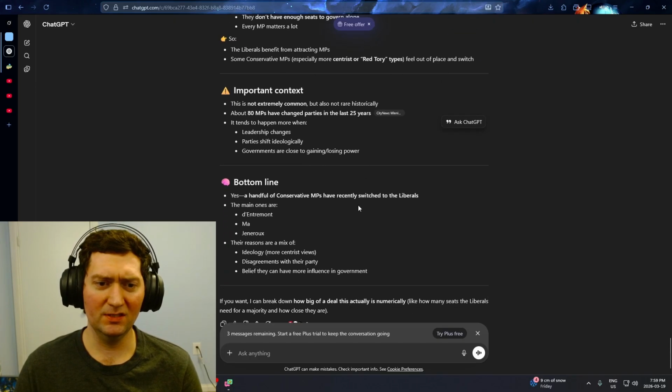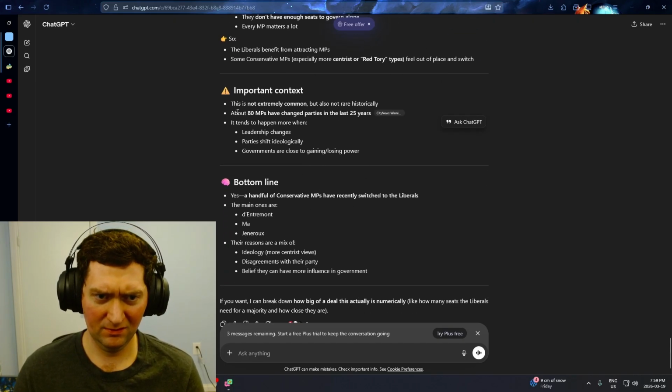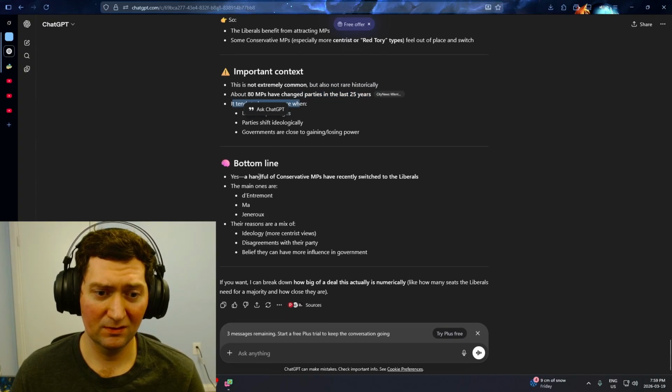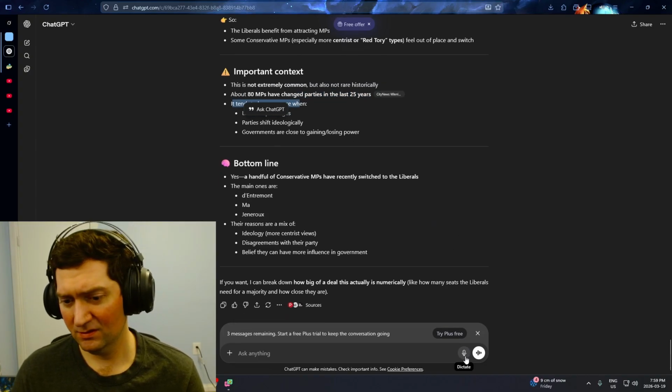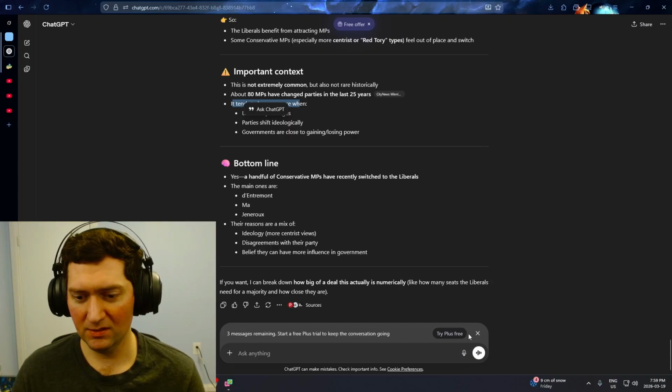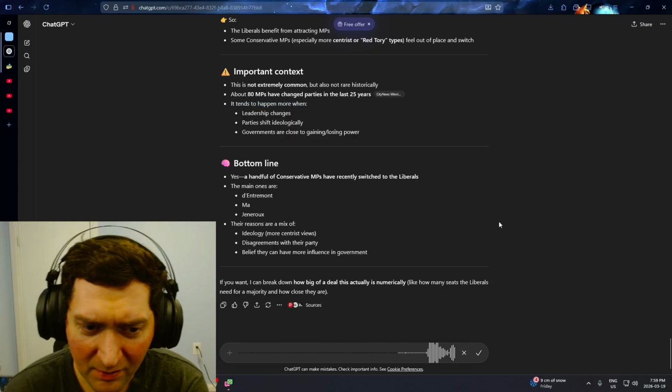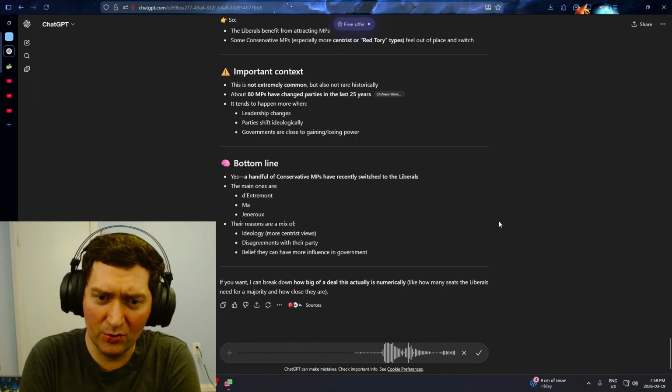How many more seats do they need? Definitely not particularly common. How many more seats do the Liberals need to get a majority government?